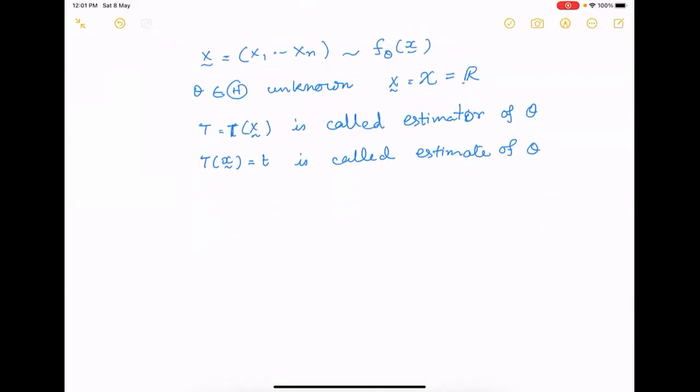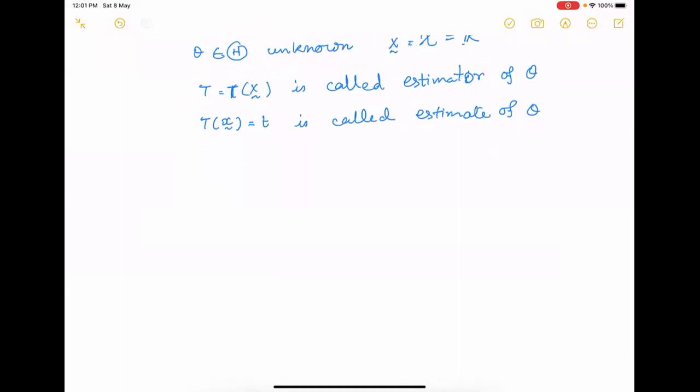So basically, based on the realized value, you apply the function T or whatever the operation, which will be a pure data driven process and which will effectively estimate the theta. When you are writing it as a function of random variables, then we will call it an estimator of theta. But if you are writing it as a function of realized values of the random variables, then we will call it an estimate of theta.